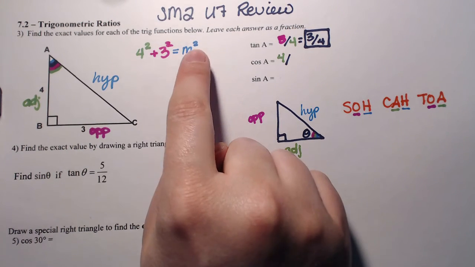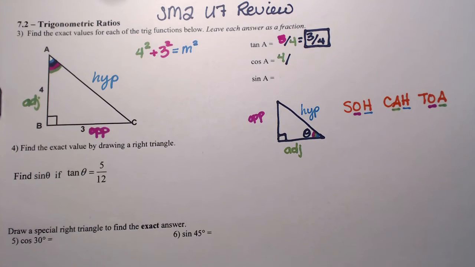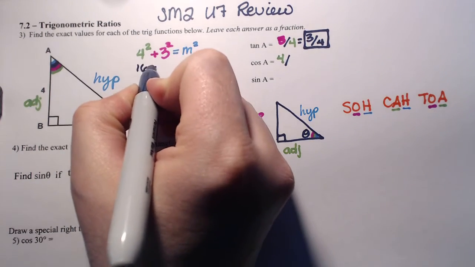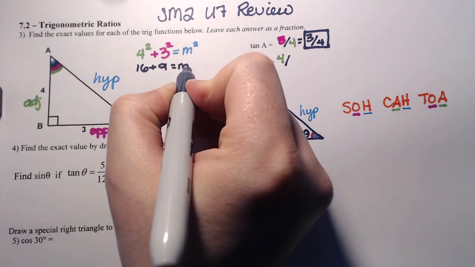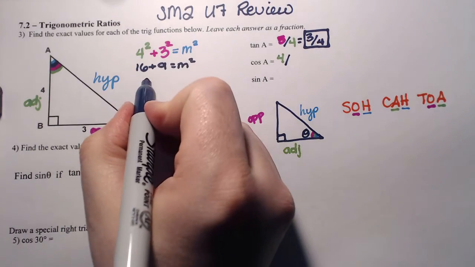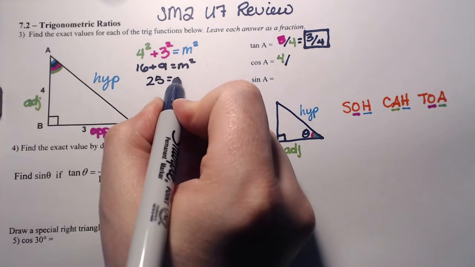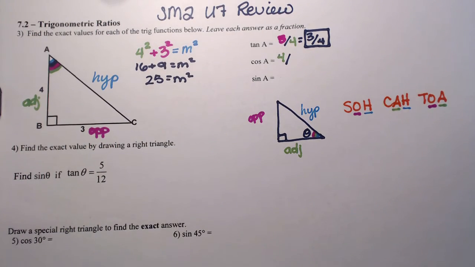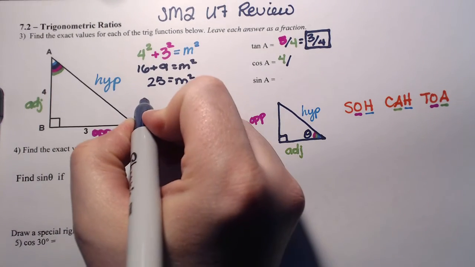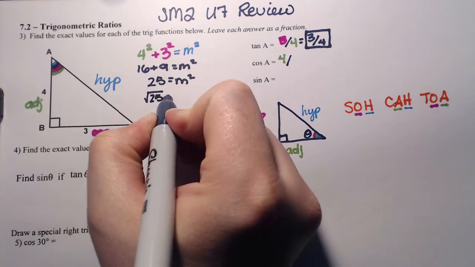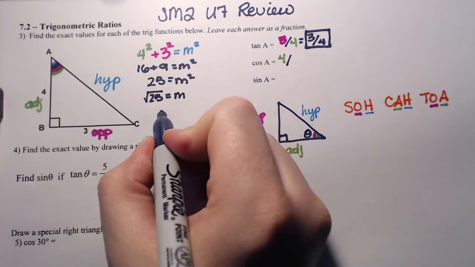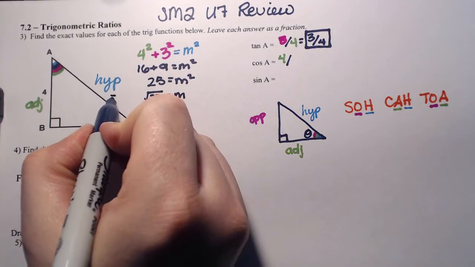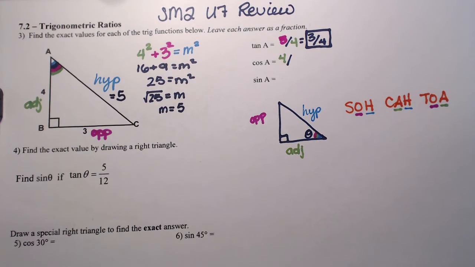Remember, your hypotenuse has to be by itself. So when we work through this, we get 16 plus 9 equals a missing side squared, which is 25 is the missing side squared. And then to undo a squared, you have to do the square root. And then the square root of 25 is just 5. So that means that this side is 5.